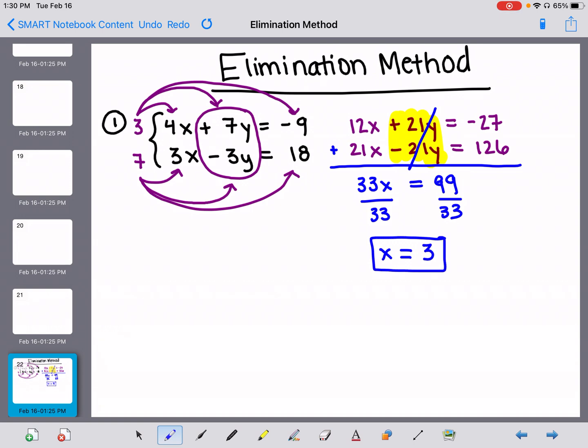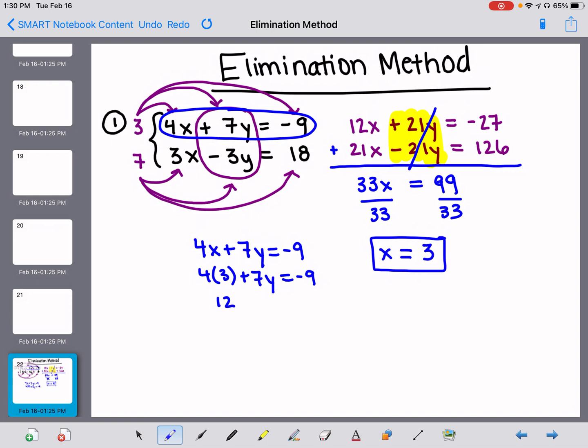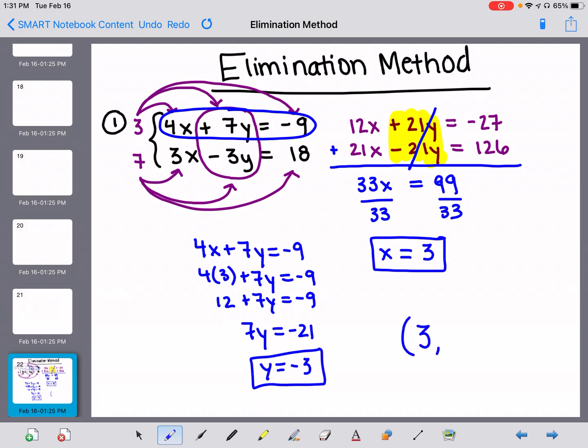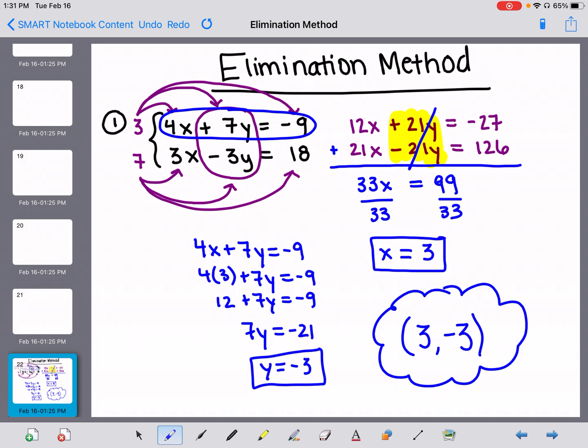I'm just going to pick the top equation there. So there I go. I'm going to write my final answer as an ordered pair, in alphabetical order, x and y in this case. And then you would check your answer in both original equations to make sure it works.